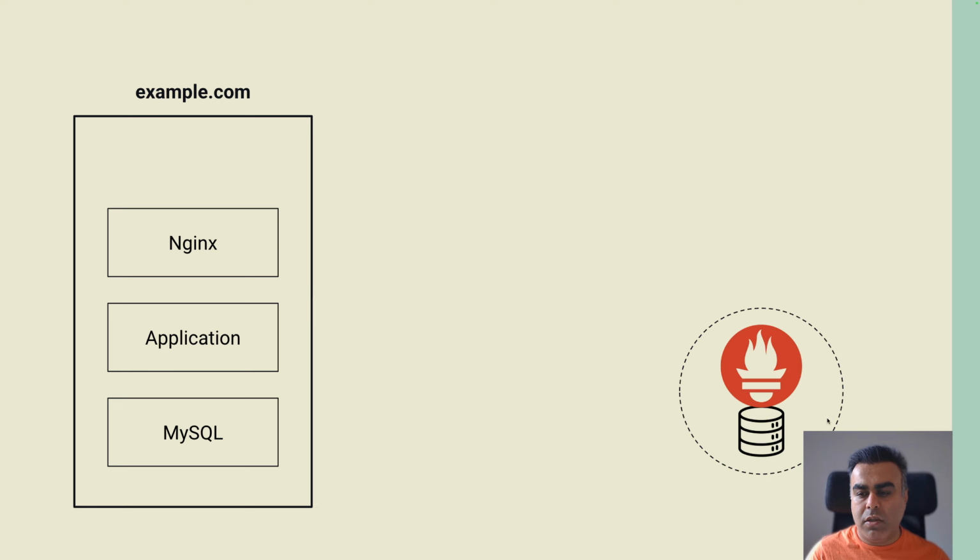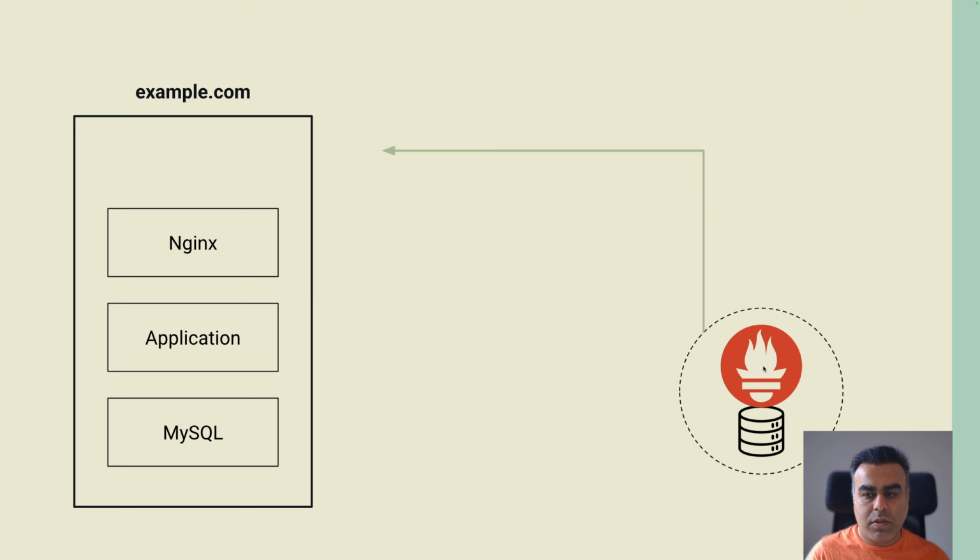The Prometheus server can be configured to send requests on an interval to my target, which is my virtual private server. And Prometheus is designed to send HTTP requests to my target.